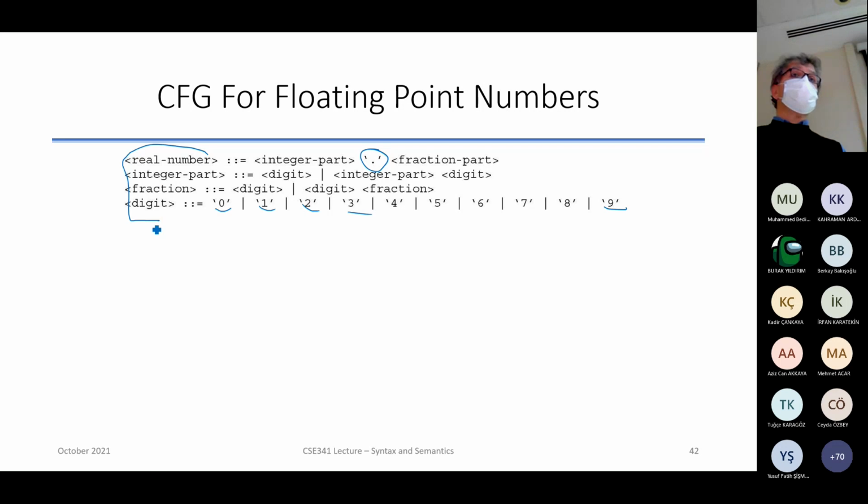My non-terminals are digit, which has 10 rules, and then a fraction, which is either a digit or a digit followed by a fraction. And then I have an integer part, which is a digit or an integer part with a digit, and a real number that goes to integer part, dot, fraction part. So this is a simple definition of a concrete syntax of a floating point number.